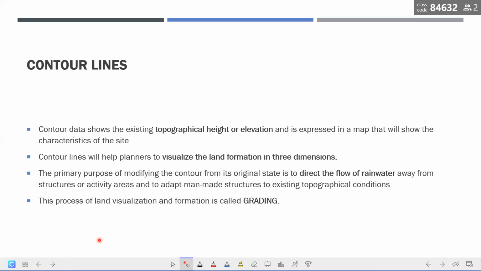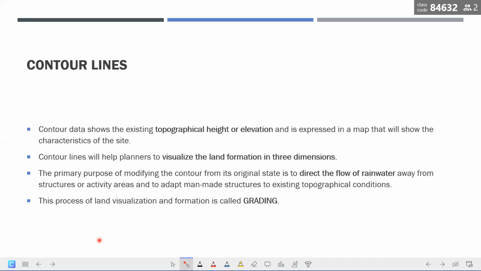As you can already guess, contour data, the lines and the numbers, show existing topographical height or elevation, and is expressed on a map that will ultimately show the characteristics of the site. Those lines help you visualize the land formation in 3 dimensions.